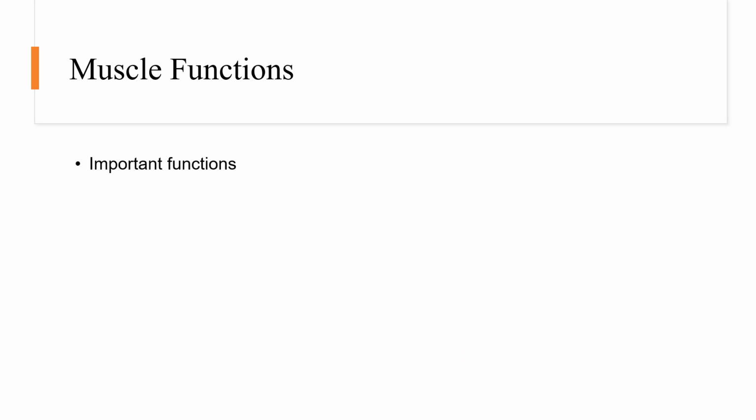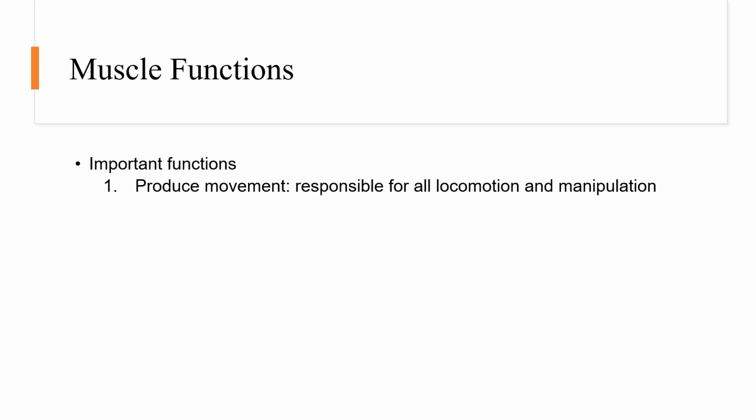So here are a couple of different functions for muscles. They allow us locomotion, so moving and manipulating things. We're not like plants, where we can't move our bodies and walk away. We are able to move through our environment very easily and manipulate our environment, and that's all due to muscles.